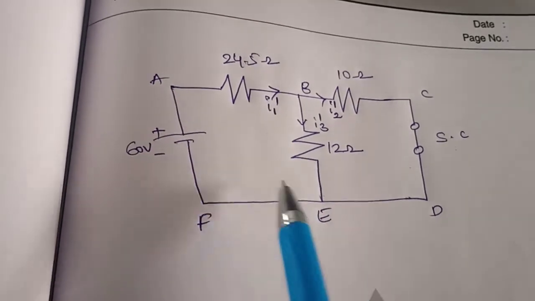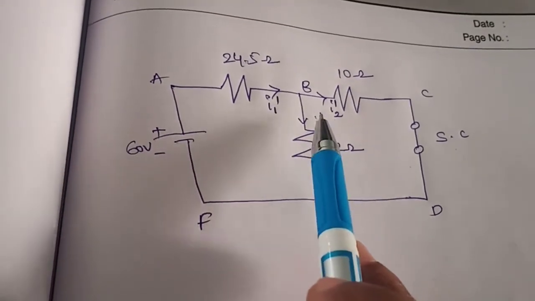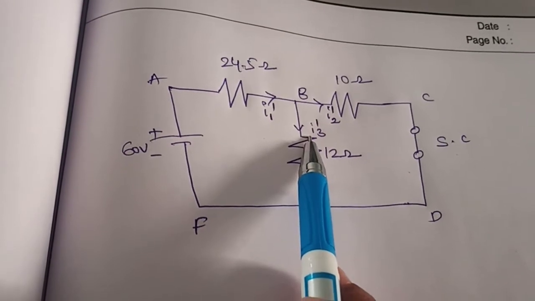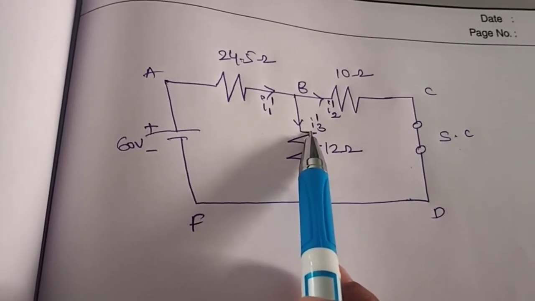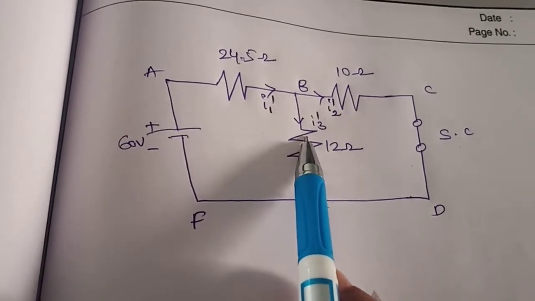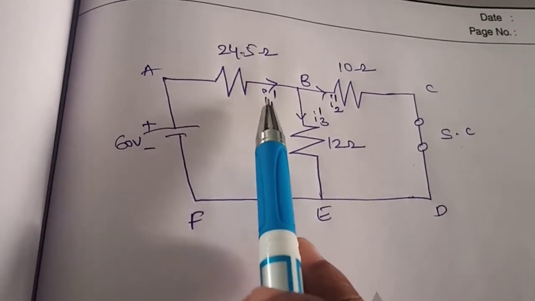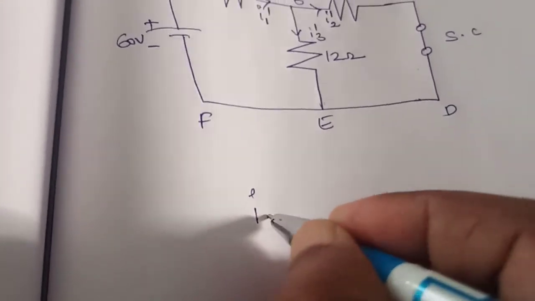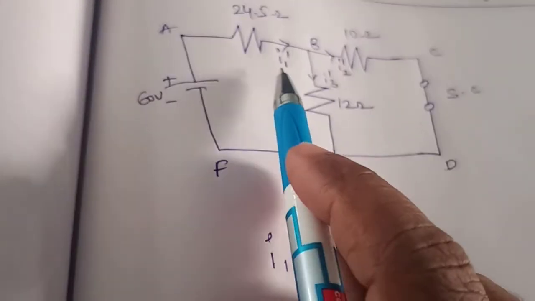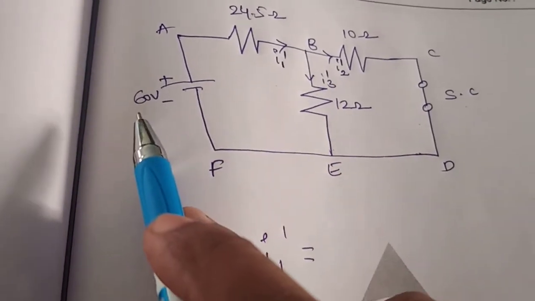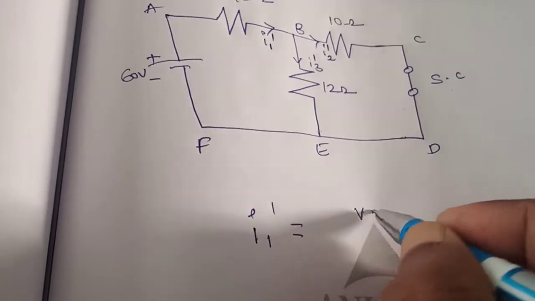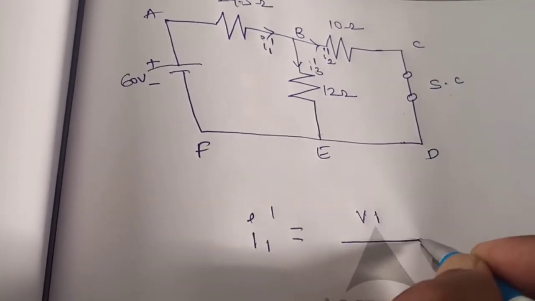So for this step 1 we need to find I1 dash, I2 dash and I3 dash. You can follow KVL or else simply follow the procedure I am telling. First let us find I1 dash, next I2 dash and next I3 dash. For finding I1 dash, you know the current formula, I equals V by R. I1 dash is flowing due to the 60 volts source, so let us represent that as V1.